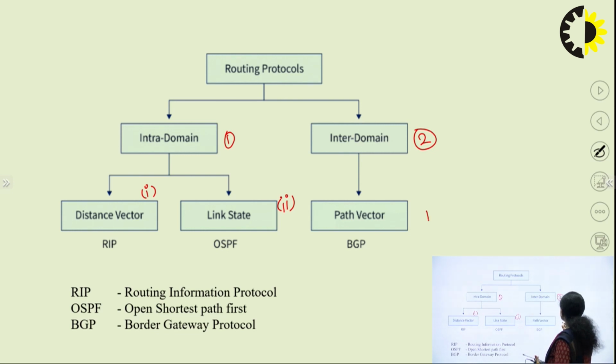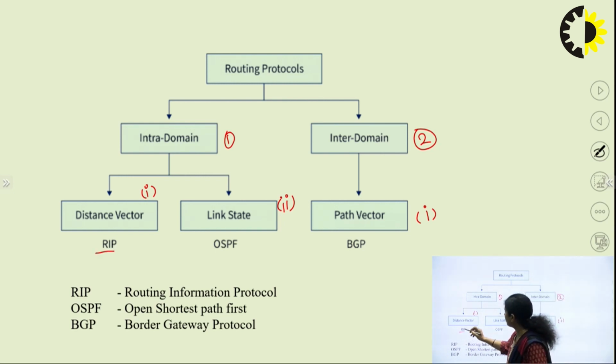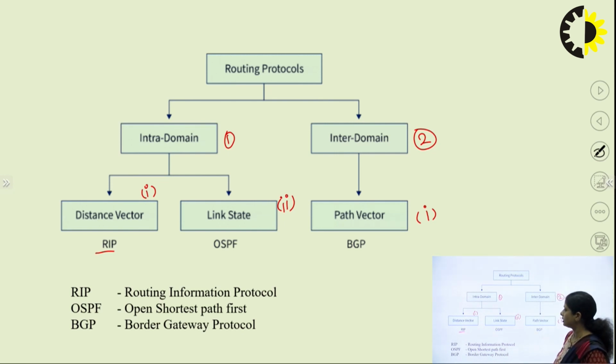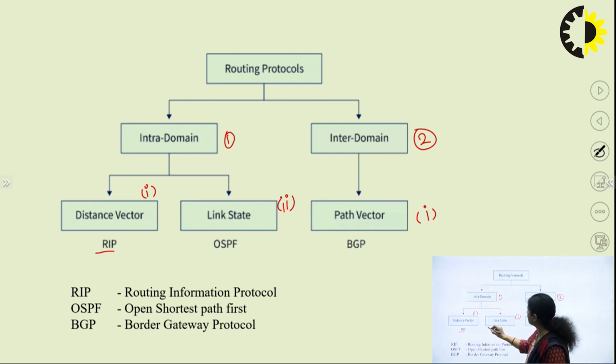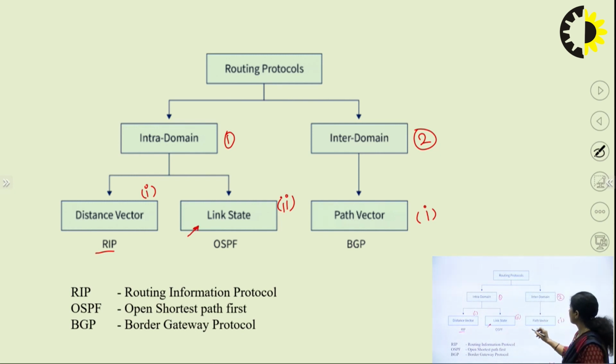In inter-domain, we have path vector routing. Then what are the protocols? RIP, the Routing Information Protocol, is used with the distance vector routing algorithm, and Open Shortest Path First, OSPF, is used for link state routing algorithms. For path vector routing, we use the Border Gateway Protocol, also known as BGP.